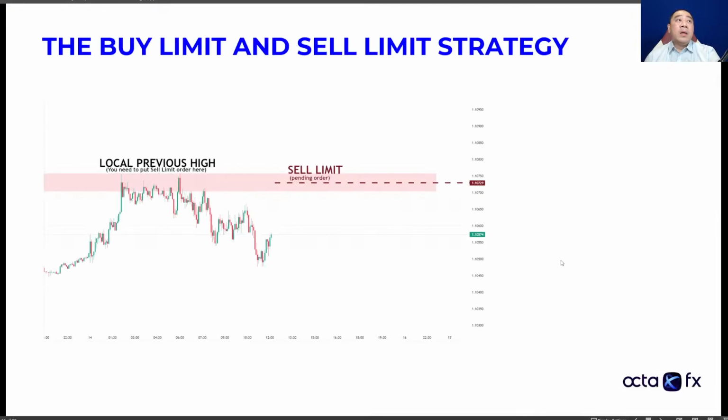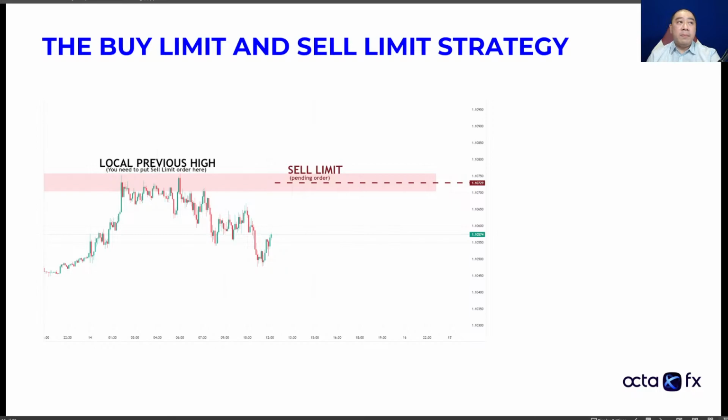All right. So the buy limit and sell limit strategy. This is something that happened today on the dollar Japanese yen, where it bounced off 146. It was earlier in today's session, but that's where we anticipated a little bit of a bounce to happen.